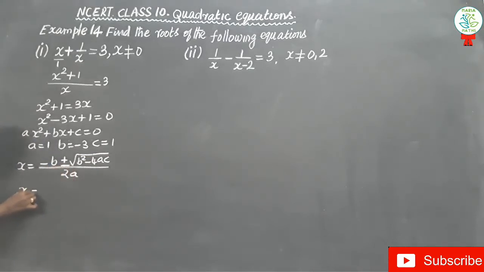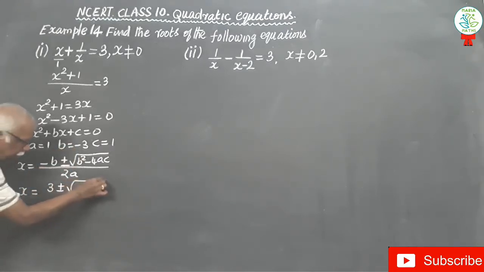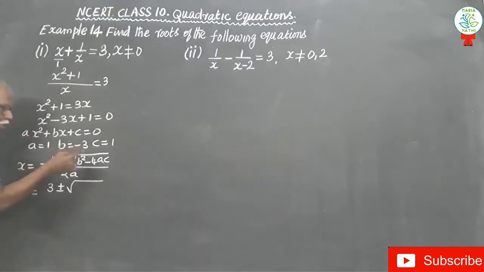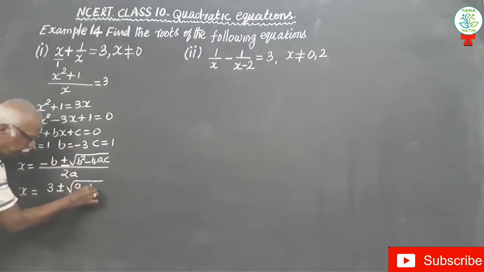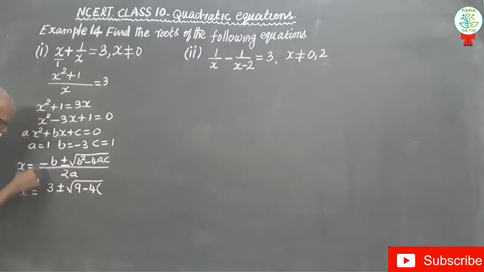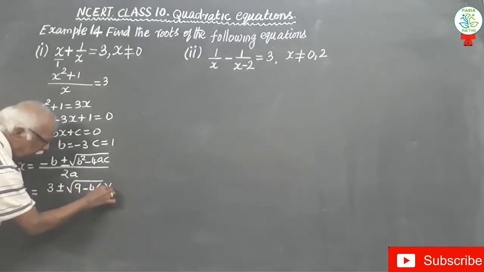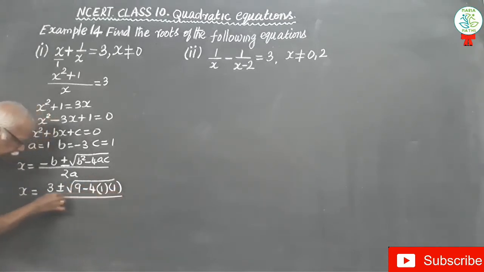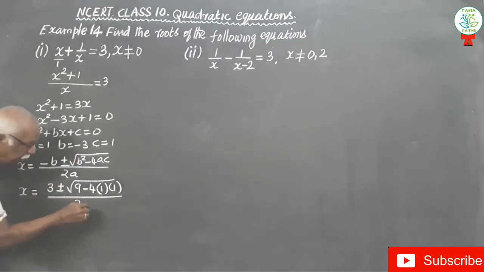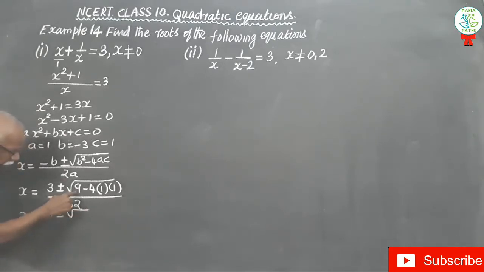Therefore, x is equal to minus of minus 3, which is plus 3, plus or minus root of b square. b square is minus 3 the whole square, 9, minus 4 into a is 1, c is 1, by 2a, 2 into 1 is 2.